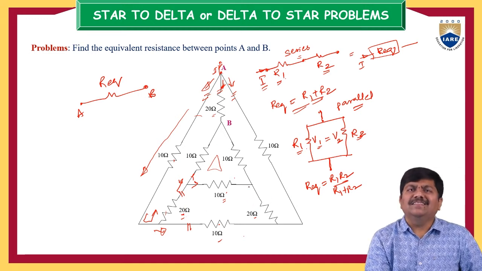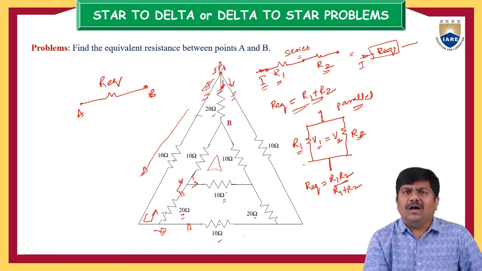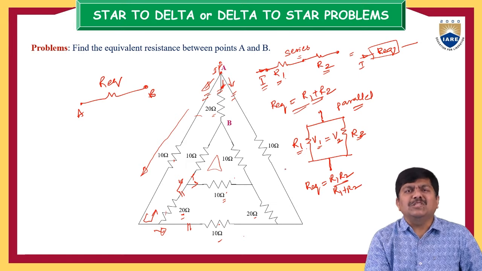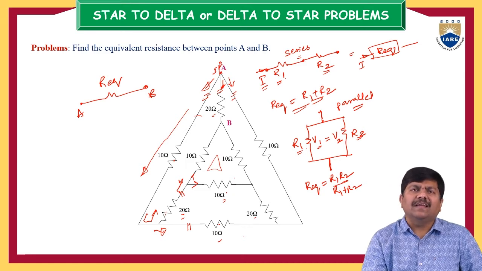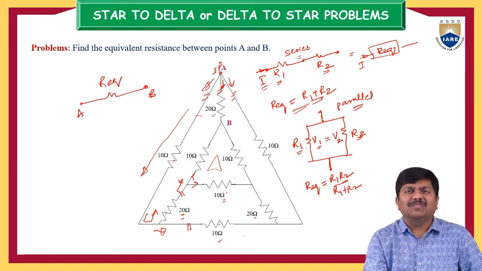Of course, we can make use of the fundamental principles of series and parallel and still get the equivalent resistance, but it is a time consuming process. If you want to get the answer, or reduce this type of complex electrical network in a quick fashion, then this transformation technique, star to delta and delta to star, is more useful for us.